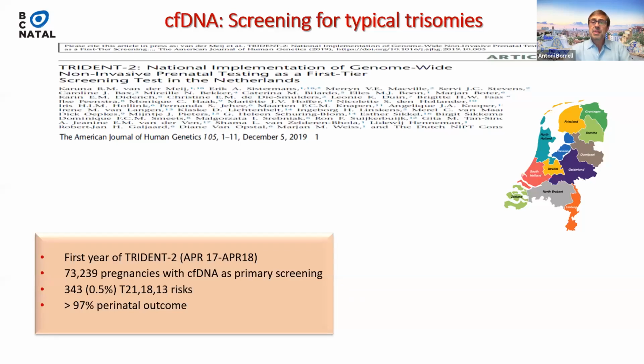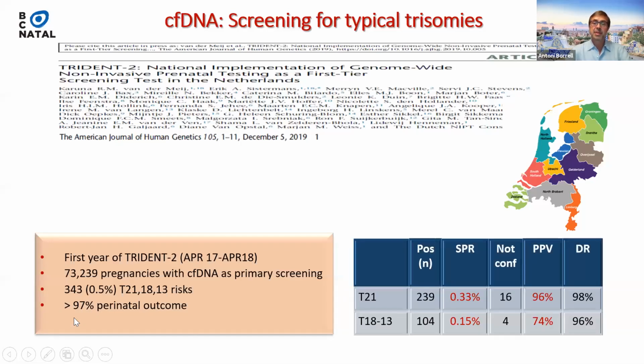So in my opinion, the seminal paper is this one, TRIDENT-2, which is a public program in Holland where they offer cell-free DNA screening as a primary screening to any pregnant woman. And these are the results in relation to the typical trisomies: 0.5% screen positives. And also, this is a very important point, many published studies do not have a full perinatal outcome. Here the perinatal outcome was more than 97%.